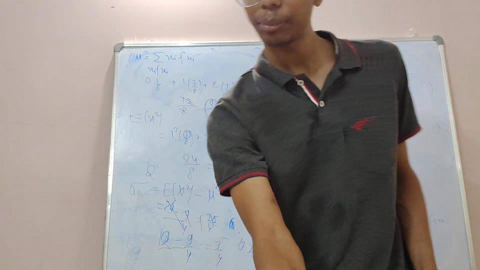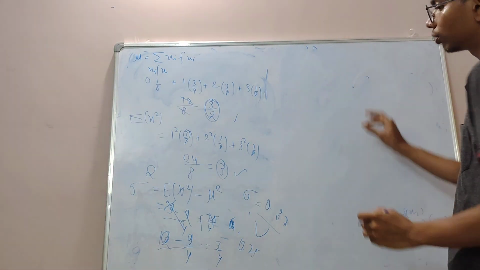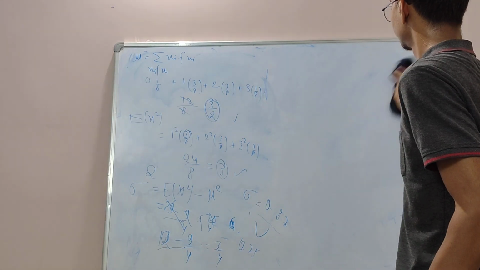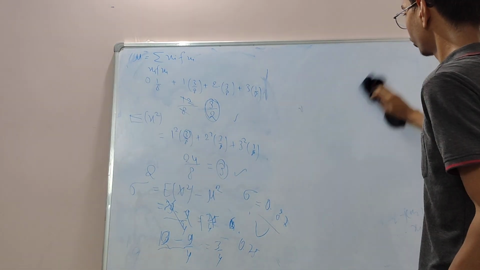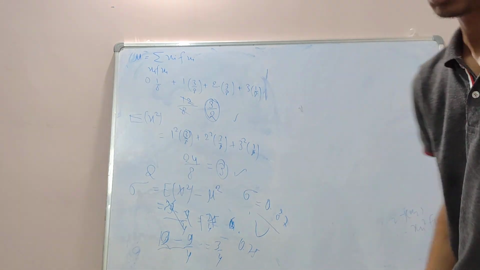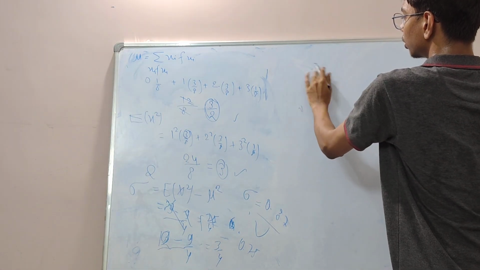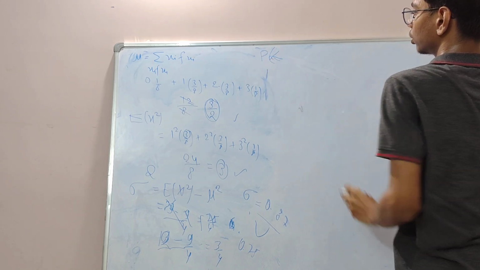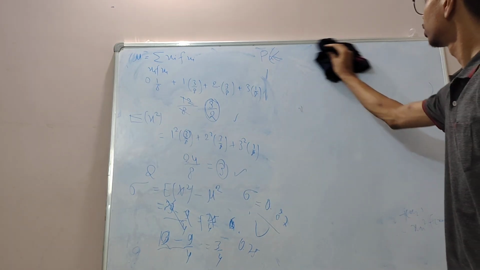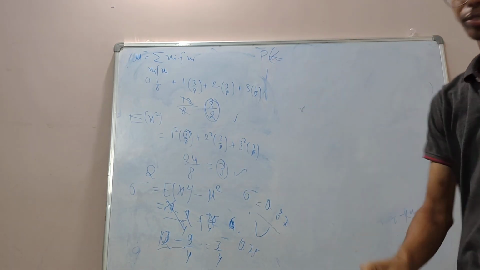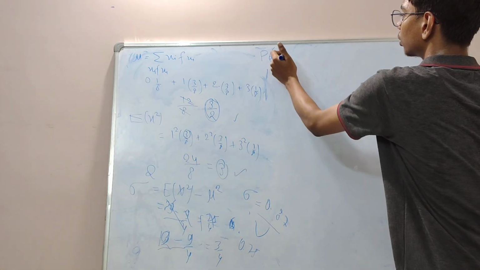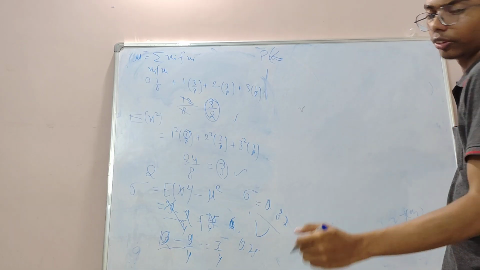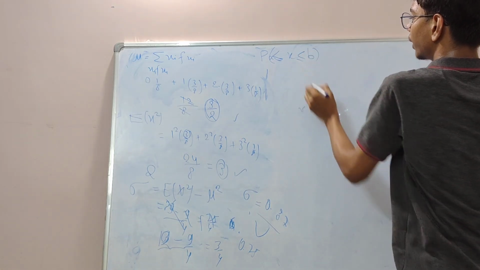Now we will discuss probability, in which it is going from A to B. Suppose I have probability going from A, x and then B. So it is going like this.